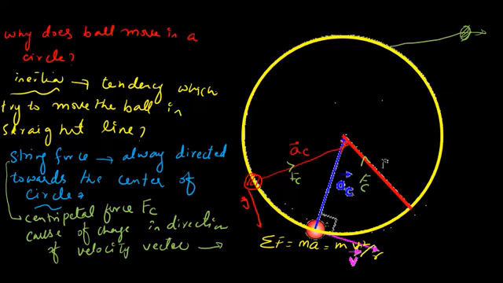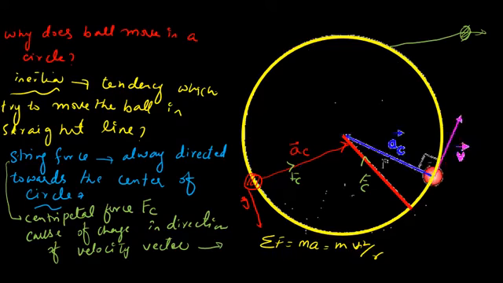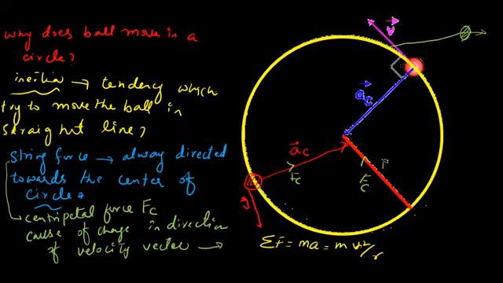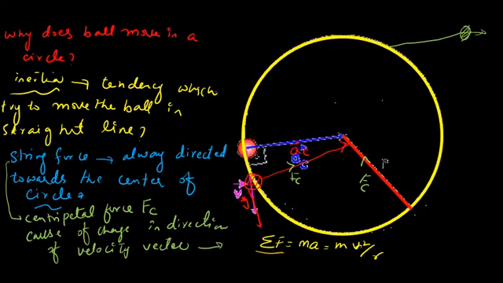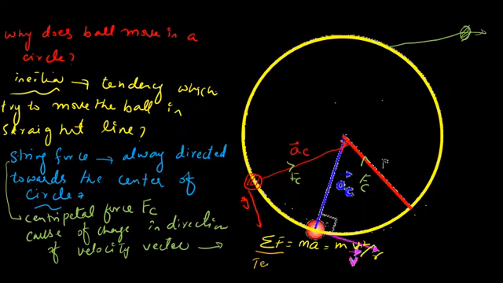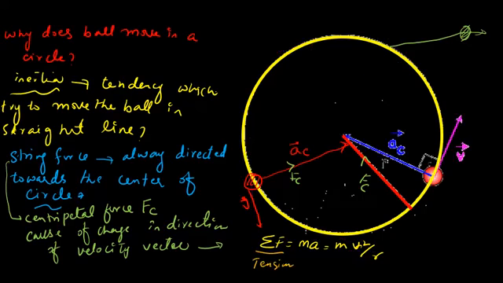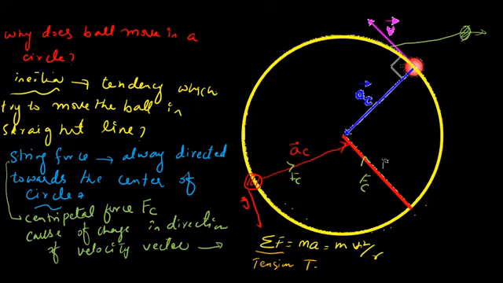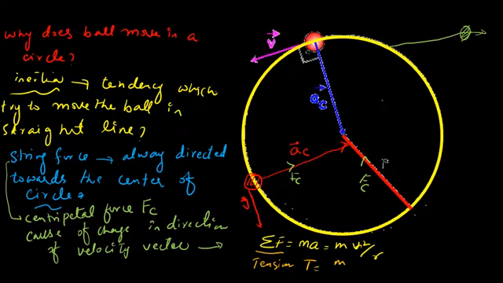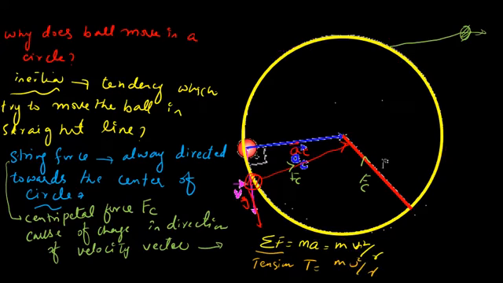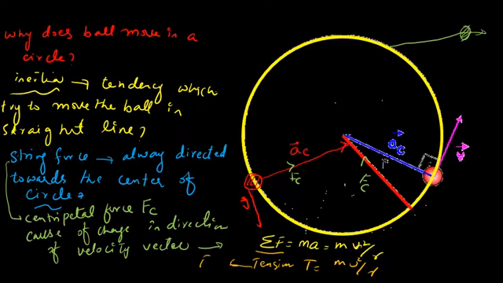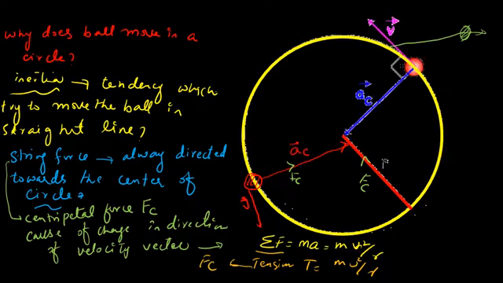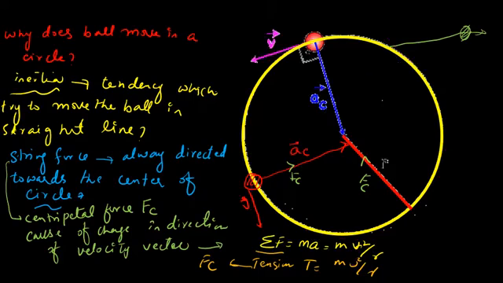This force is the force of the string, or the tension in the string, which is responsible for the ball moving in a circular path. So this tension in the string provides the centripetal force to the ball.